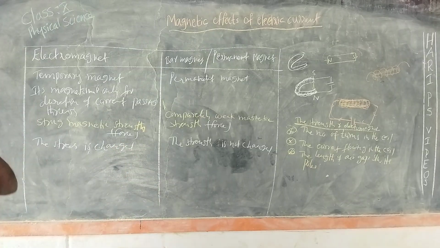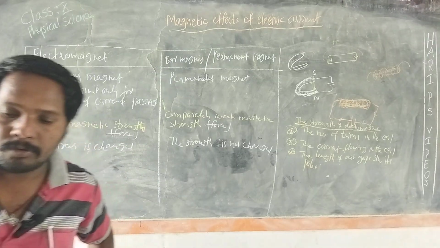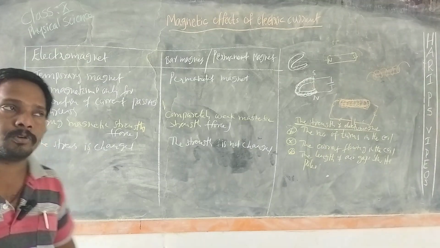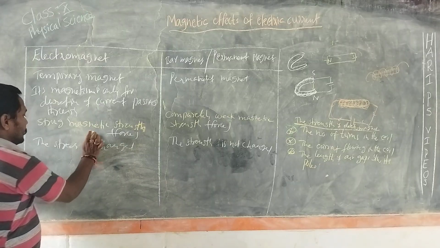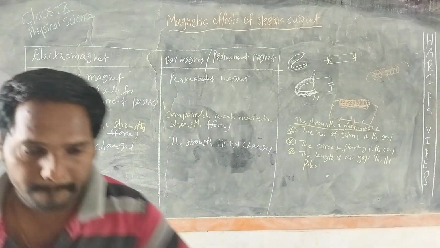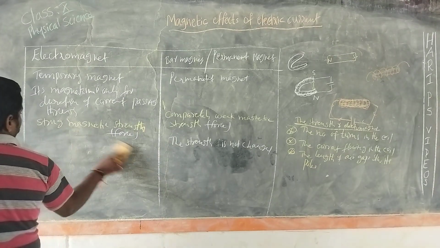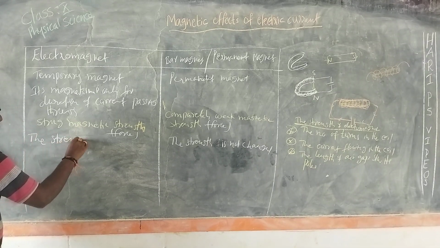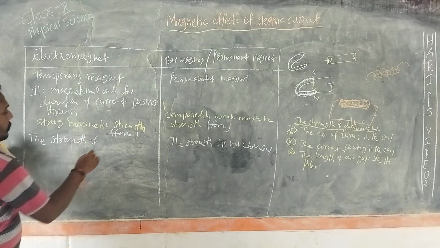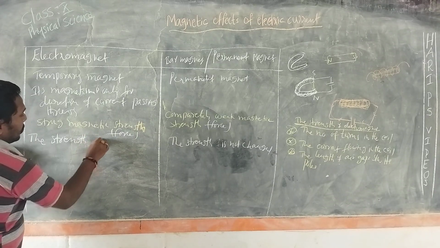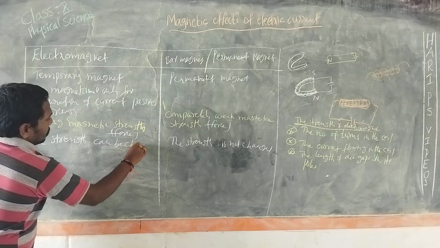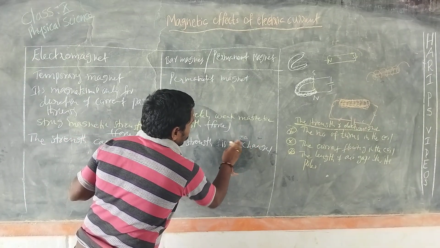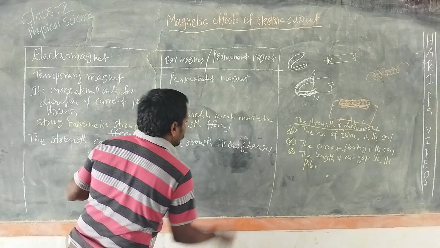How do we change the strength of an electromagnet? The strength of an electromagnet can be changed, whereas the strength of a permanent magnet cannot be changed.